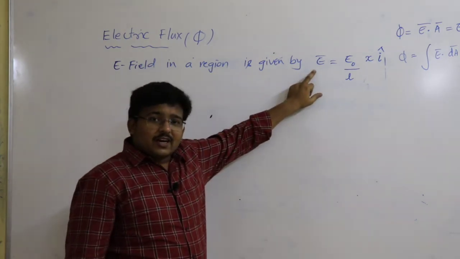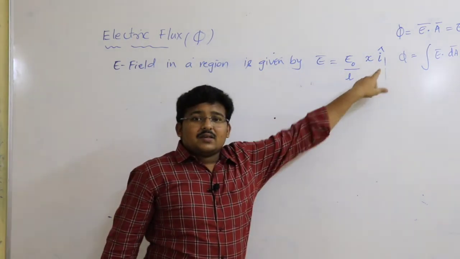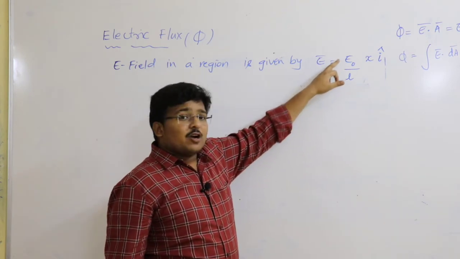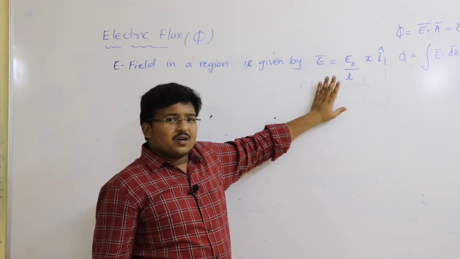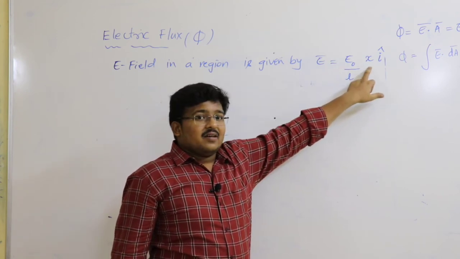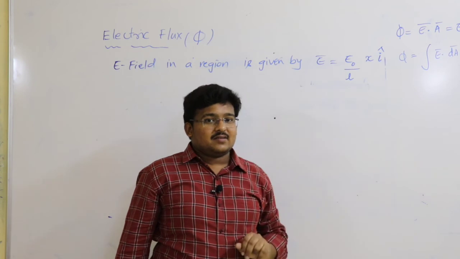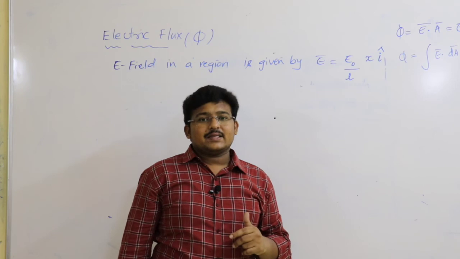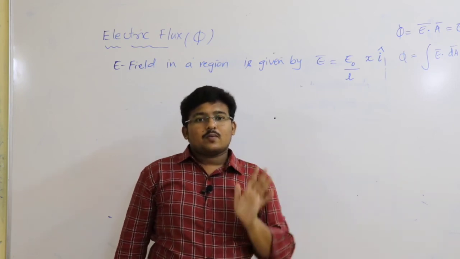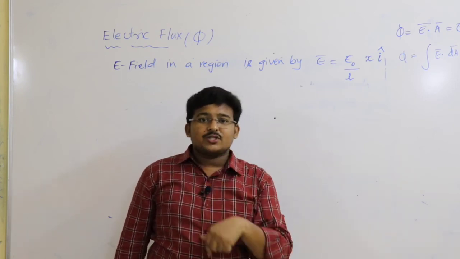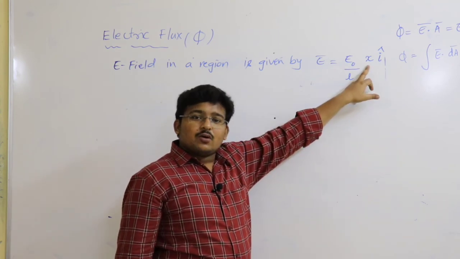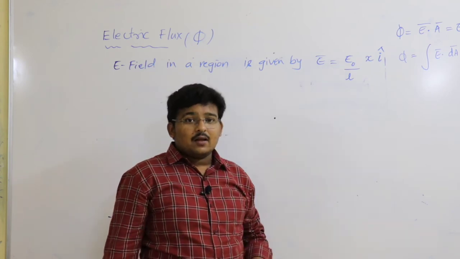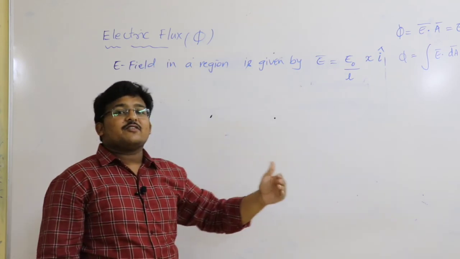The electric field vector I cap means it is along the x axis, the electric field direction is the x axis, and it is E naught by L. You can take E naught as some constant value, and x. So the electric field depends on x, which means as the x value increases, the electric field also increases. If you keep x value 0, that is the origin, the electric field is 0. If you keep x value 1, the electric field will be E naught by L. If you keep 2, likewise. So the field is a variable function.